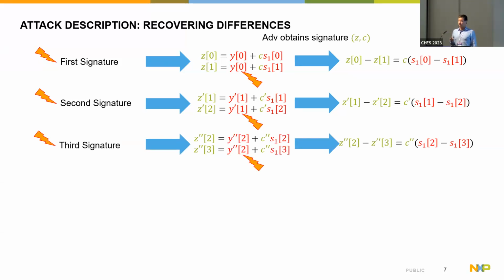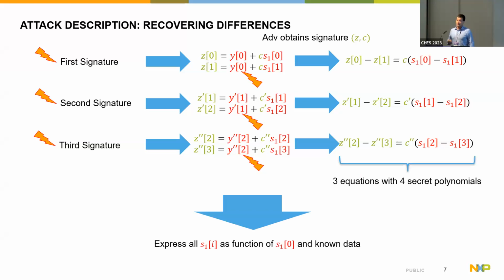And in the end, what you end up with is a system of equations. You have 3 equations and you have 4 unknowns. So basically the 4 unknowns are the 4 polynomials in S1 ranging from S10 to S13. And it means that with standard linear algebra you can express all the polynomials in S1 by S10.